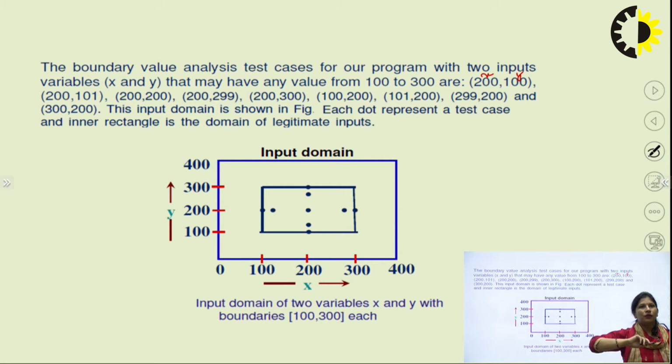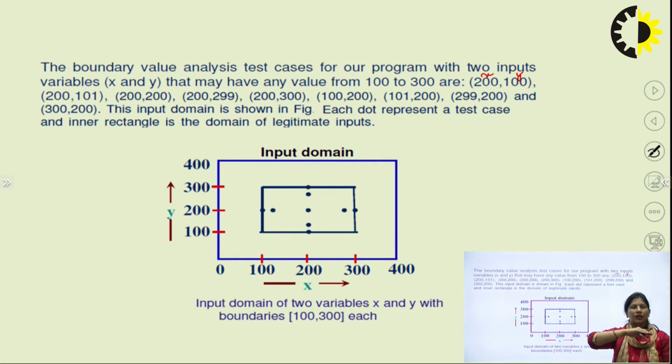Here what have we chosen? One value is 100, then the nominal value is 200, then 101, nominal value 200, and then at another place 299 and 300.